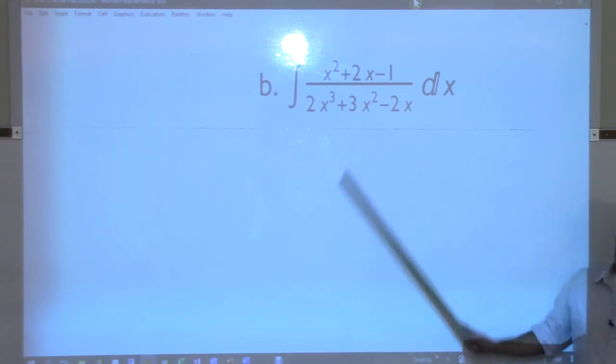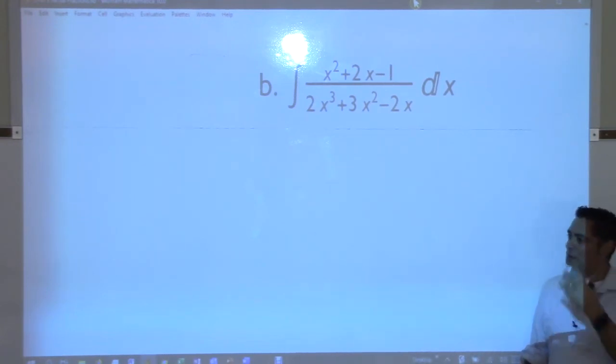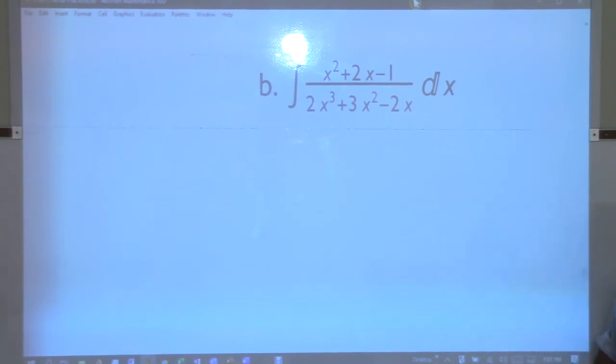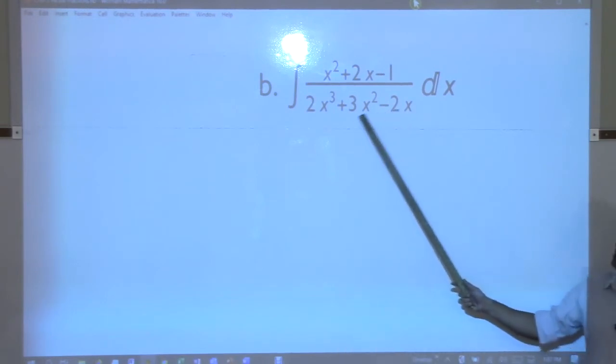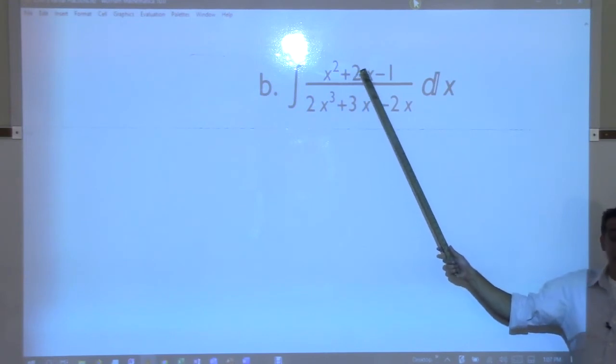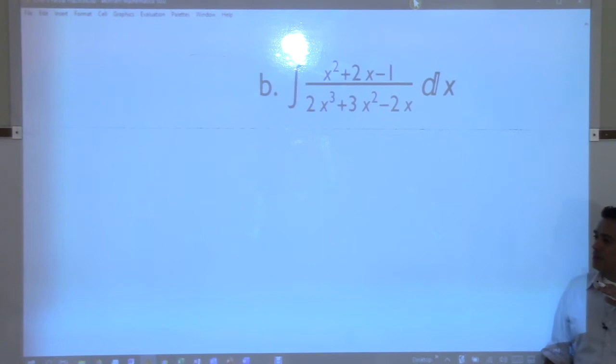When you look at this problem, the first thing you want to do is make sure there's not something easier than partial fractions. One thing we could try is a basic u-sub, because the denominator is cubic and the numerator is quadratic. Maybe the numerator is the derivative of the denominator, off by a constant, and that's not the case here.